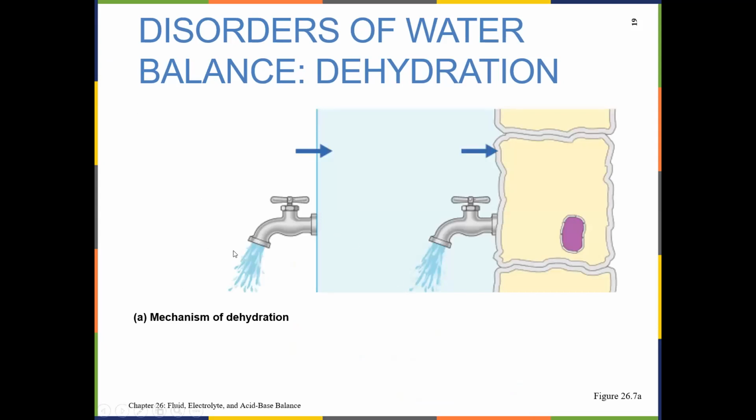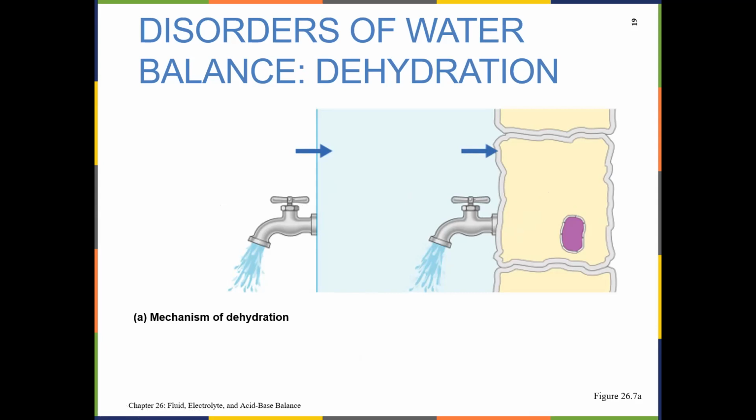If we're losing water from plasma or from interstitial fluid or both, then the cells are going to send water out. The cells will shrink. They will give up water. If you lose water out here in the plasma, your salt concentration is going to go up, or in the interstitial fluid, your salt concentration is going to go up.